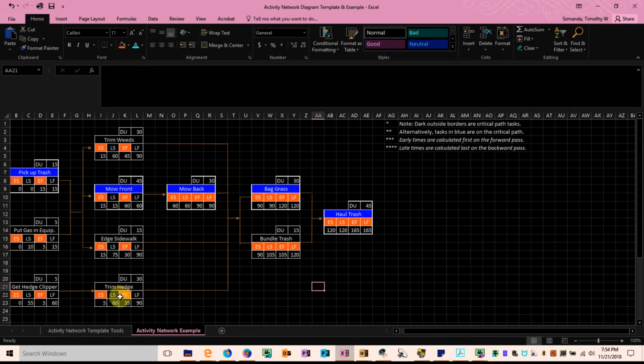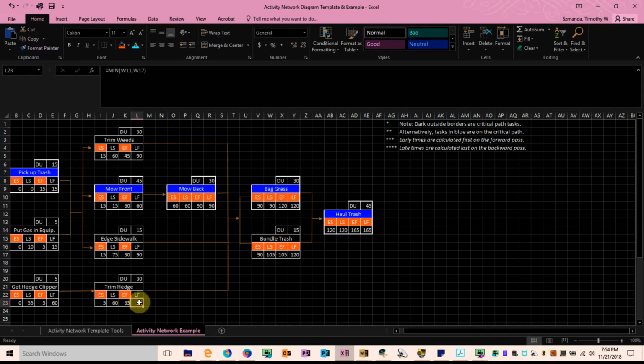Alright, we'll continue, go down to trimming the hedge here. Again, we're going to look at the succeeding activity. Which activities immediately come after trimming the hedge? If we follow the line diagram, again, it's bagging the grass and bundling the trash. So we're going to take the minimum of 90, the latest start for bagging the grass, and 105, the latest start for bundling the trash, and that of course will be 90.